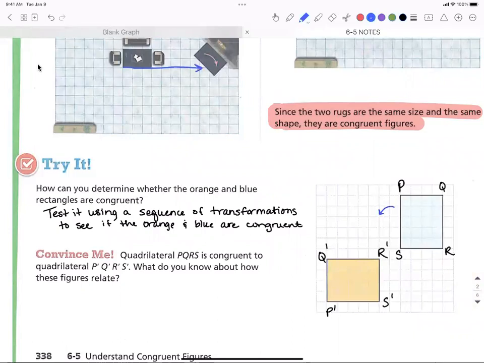So P is 1, 2, 3, 4, 5 boxes long. So let's put a point here. We're rotating about point S. So we're using point S as our rotation point, and we're just laying this box over on its side. So P gets laid over here, and then from P to Q, it's 1, 2, 3, 4 boxes.